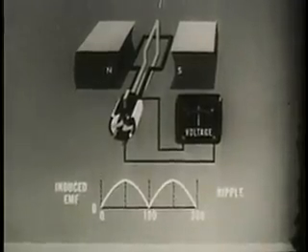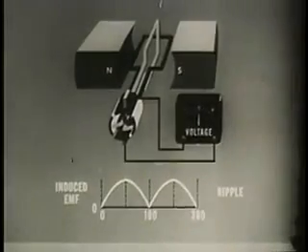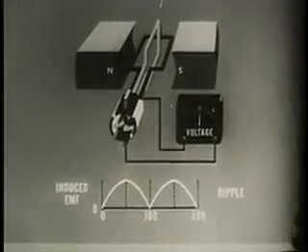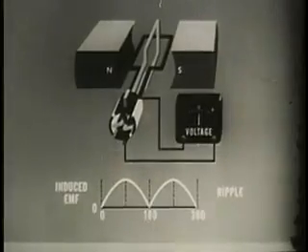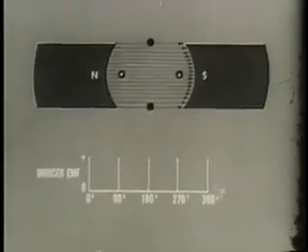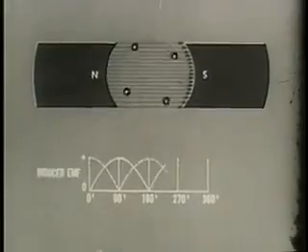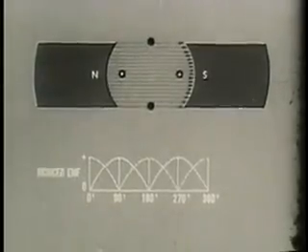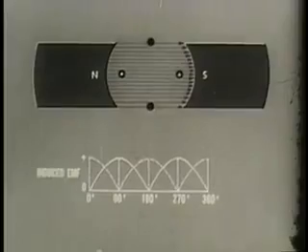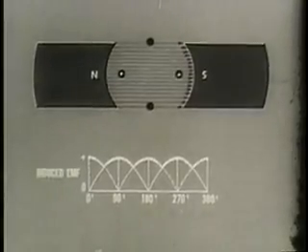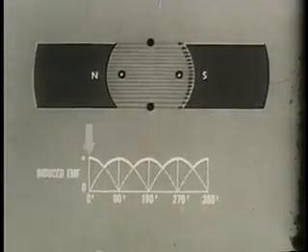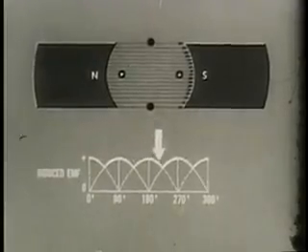2 loops at right angles connected to 4 commutator segments provide 2 outputs instead of 1. These outputs are 90 degrees displaced or apart, which combine to smooth the DC output. However, even with 2 loops and 4 commutator segments, the rectified curve is still somewhat irregular.